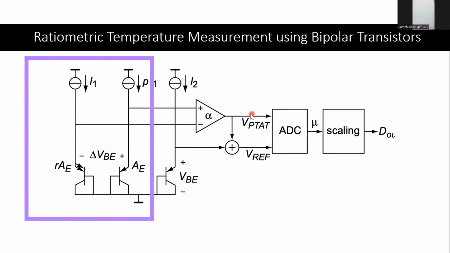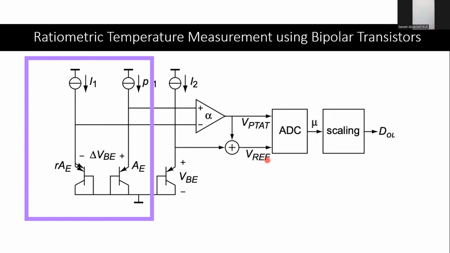So the output, which we call V absolute, VPTAT, is alpha delta VPE. Then you add to this the voltage coming from VPE1, and you call this the reference. So let's see how this circuit is working.